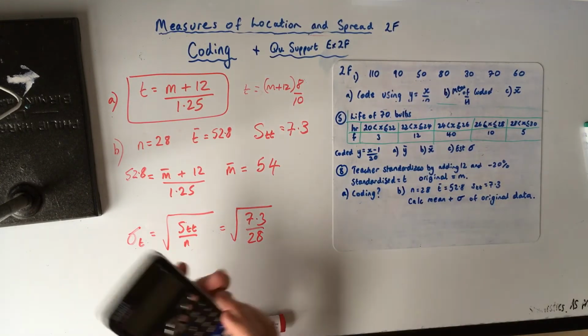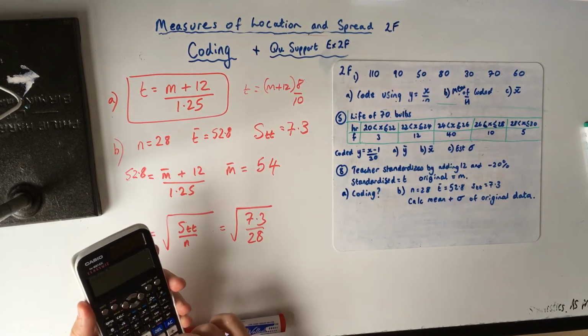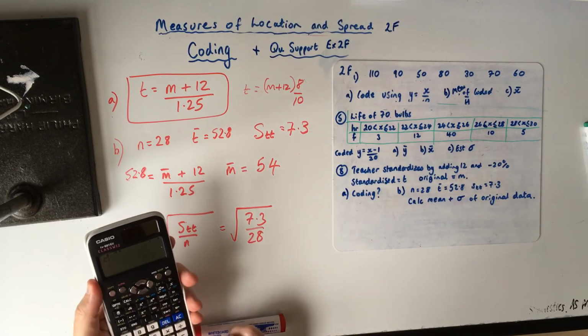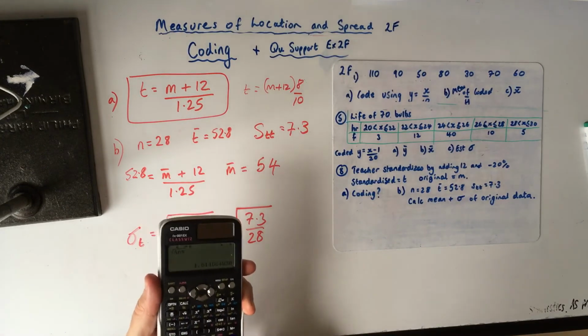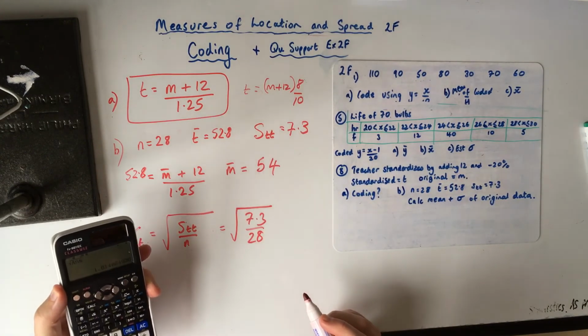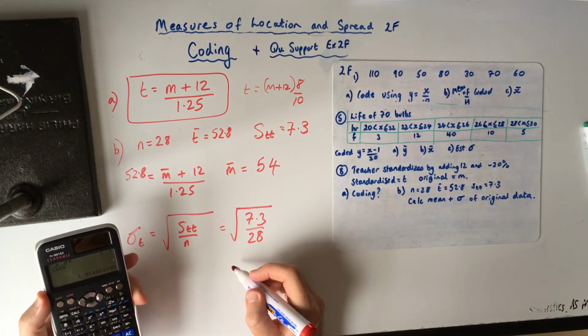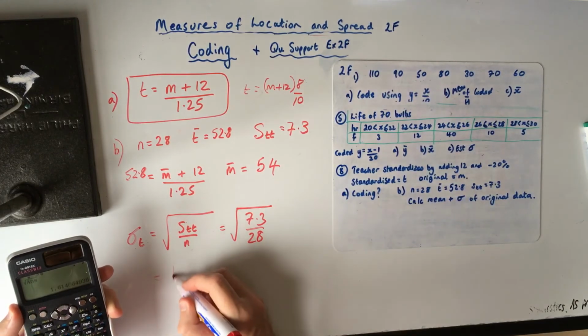Okay, so let's do that. 7.3 divided by 28, square root, is equal to 1.61. I'm just nervous about that.